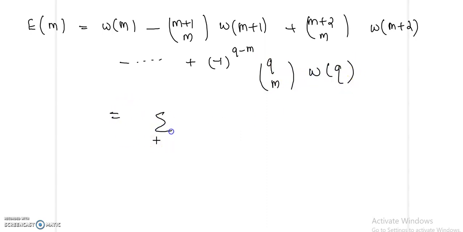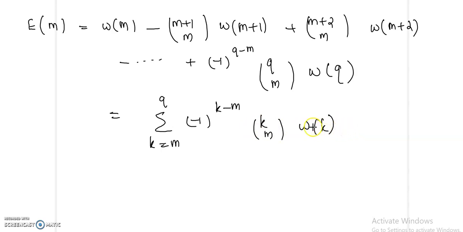That is, E of m equals the summation over k equal to m to q of (-1) raised to k minus m, kCm omega of k. So this is the generalized principle of inclusion and exclusion. In the next class we will verify this principle, and we will see the proof for the generalized principle of inclusion and exclusion.